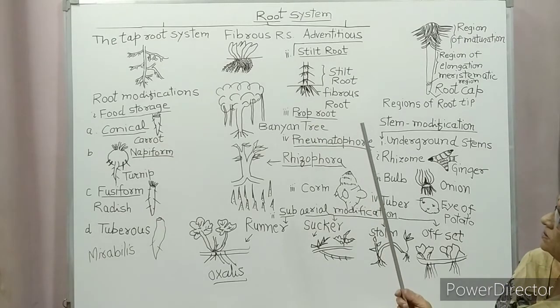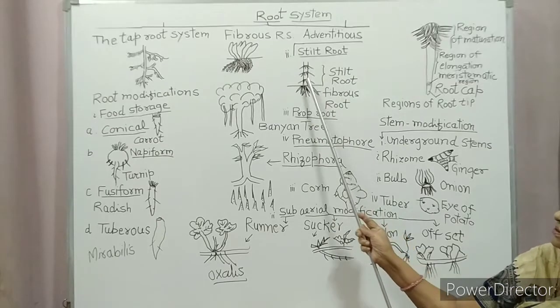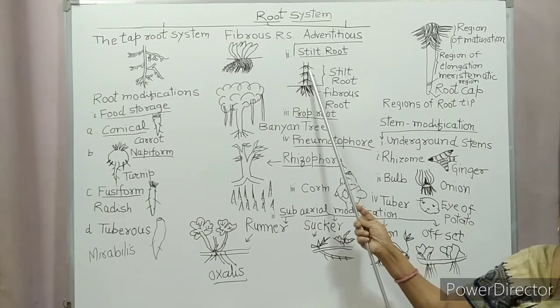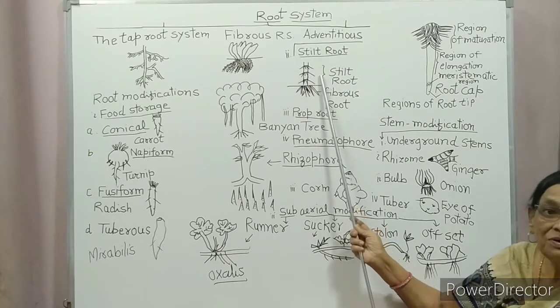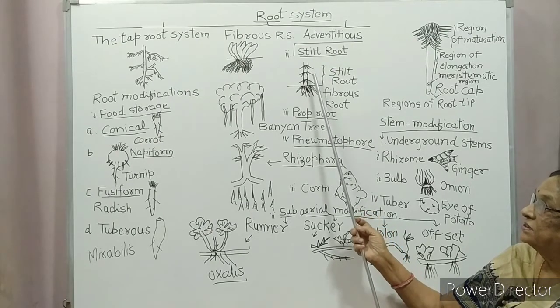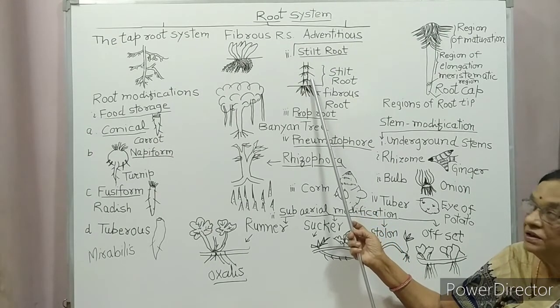Second is stilt root. You have studied adventitious roots arise from any part of the stem. Like here, you can see in maize, sugarcane.